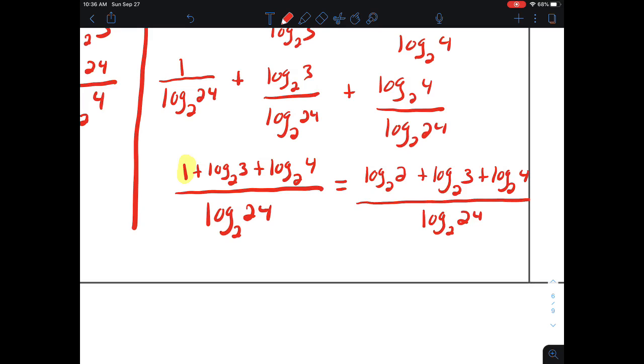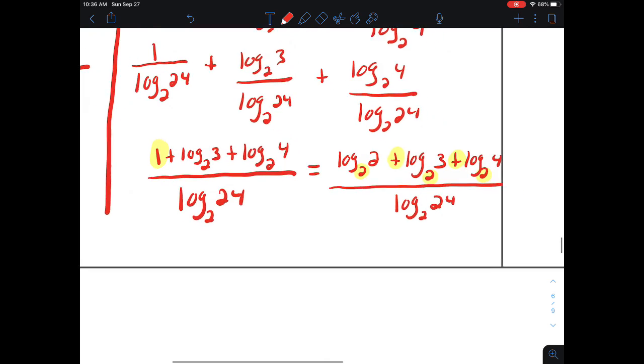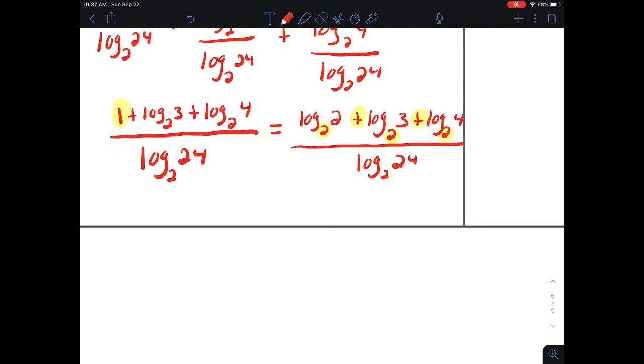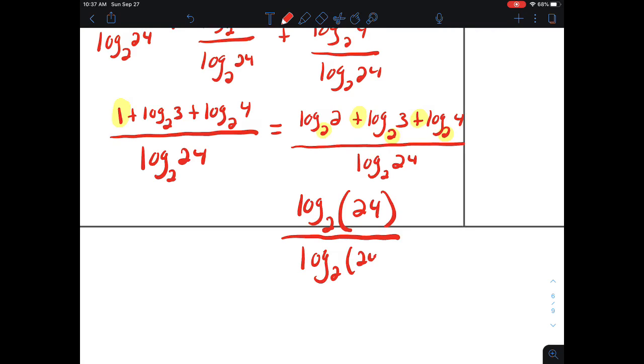And now we have our properties of logs. It says if we're adding logs that all have the same base, we could write that as one log where we multiply their insides. So that would become log base 2 of 2 times 3 is 6 times 4 is 24 over log base 2 of 24, which will reduce down and just make 1.